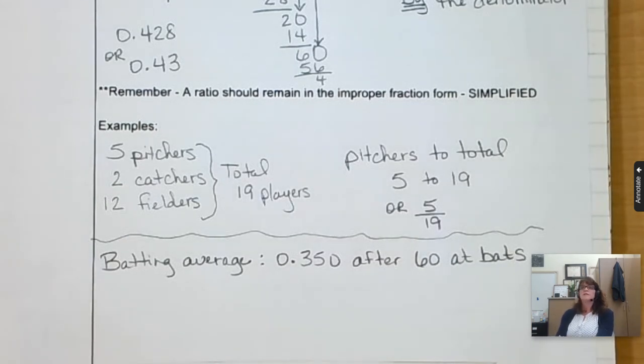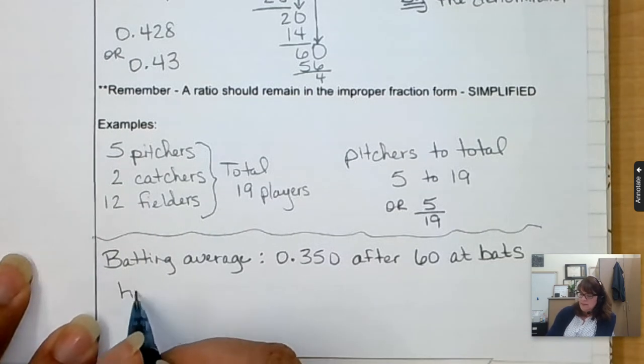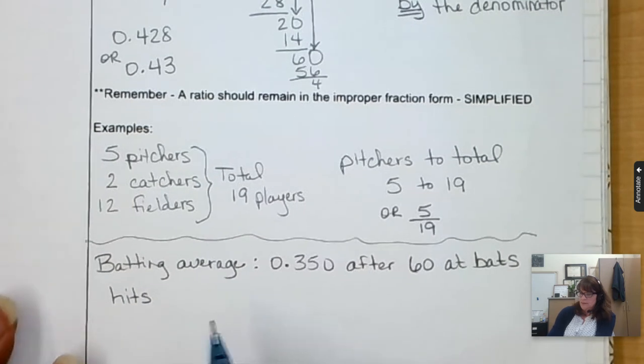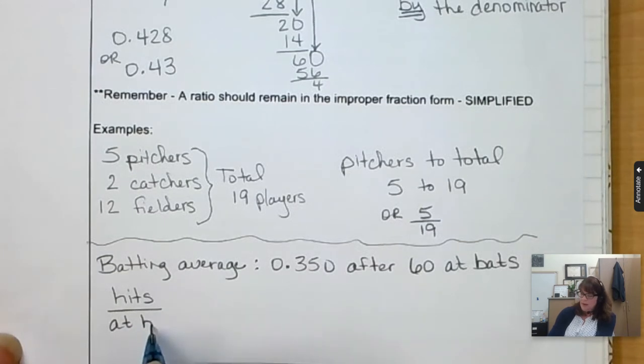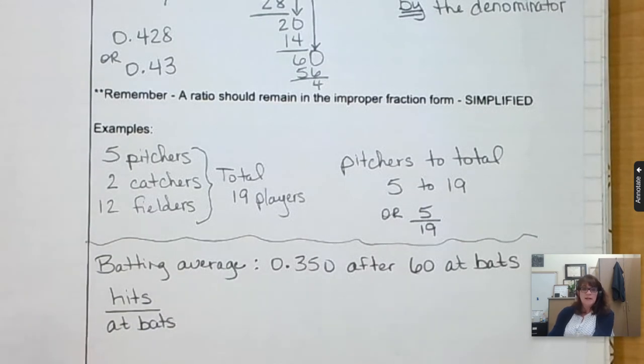For some of you, that doesn't mean anything, but there's your basic information that we're starting with. Batting average is a ratio. It's hits to at bats. That's how we figure out batting average. Hits to at bats.